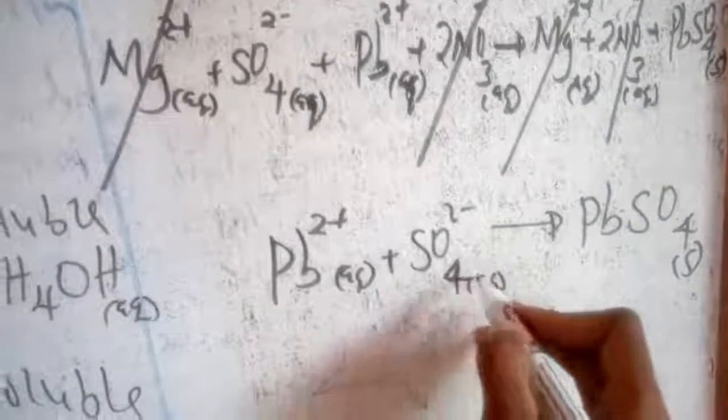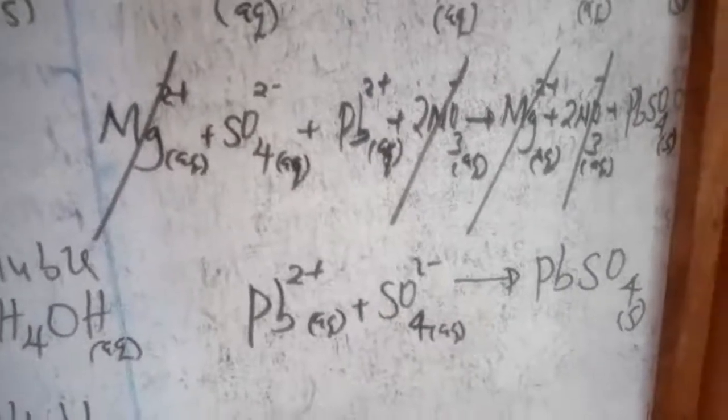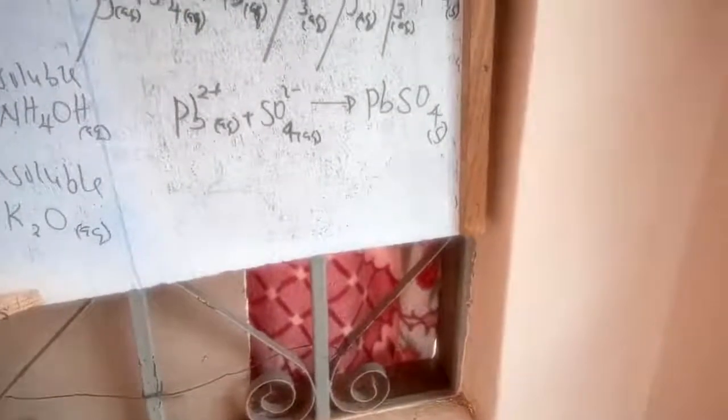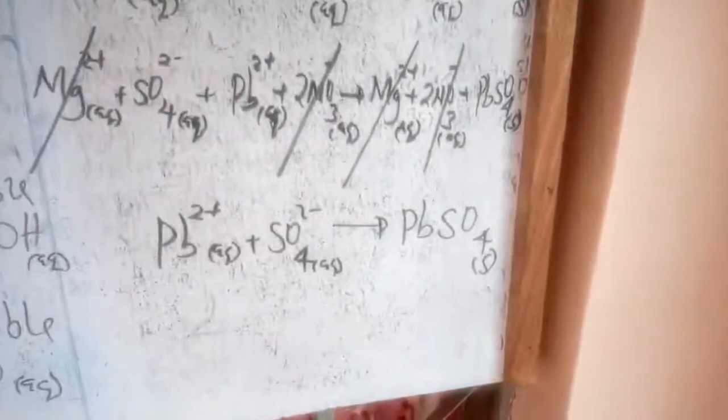In this case, you can see that the ions involved in the chemical reaction are only the lead 2 ions and the sulfate ions, which combine to form lead sulfate salt, which is solid in state.